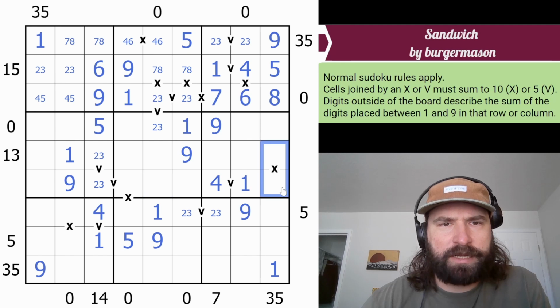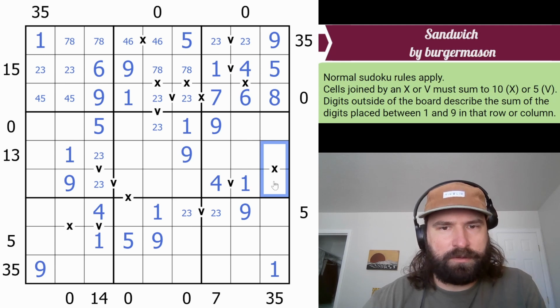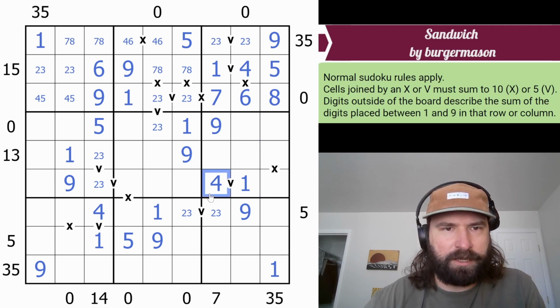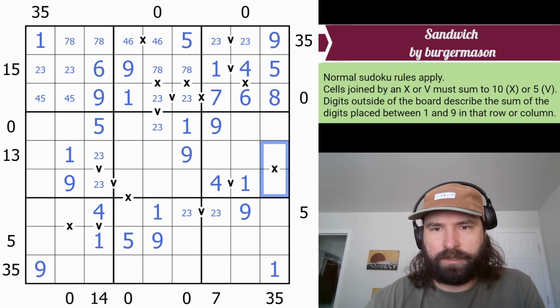All right, so this X maybe? Can't have an 8 or a 9. So this is either 6, 7, and 3, 4, and it can't be 4. So it's not 6, 4, so it is 7, 3. That's the only possibility there.